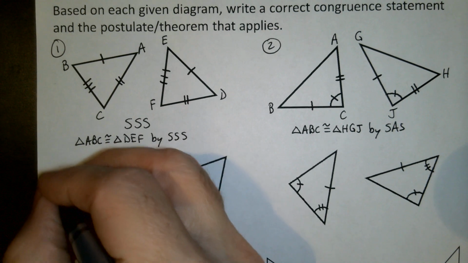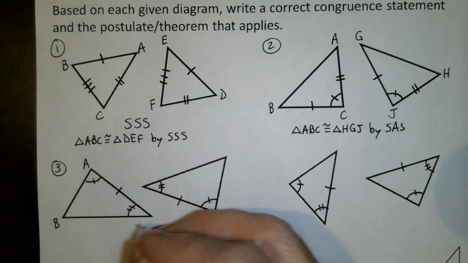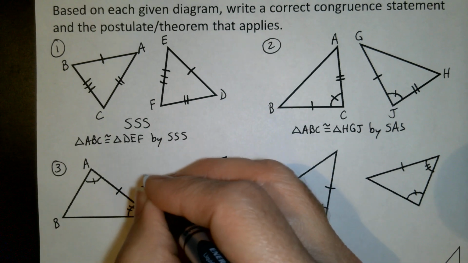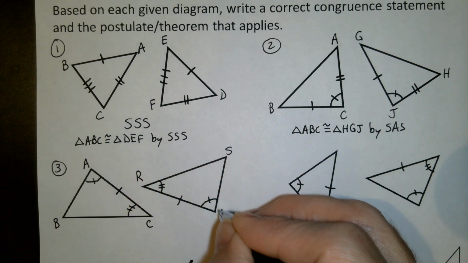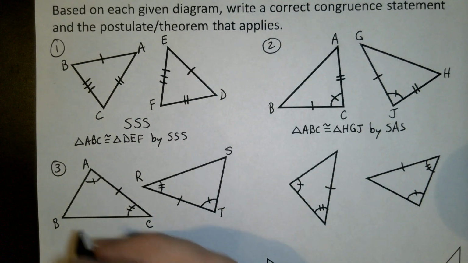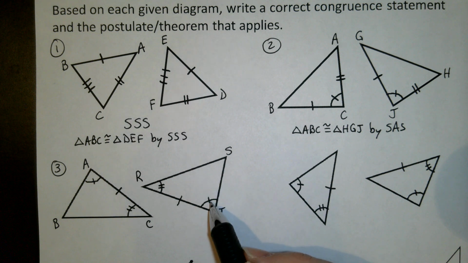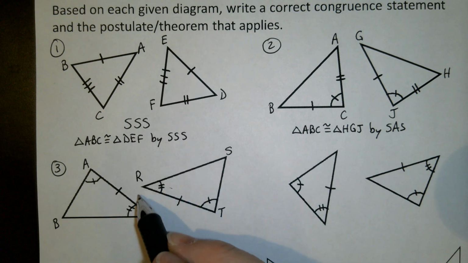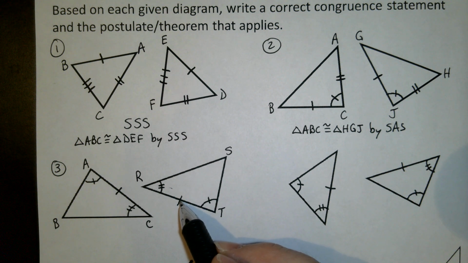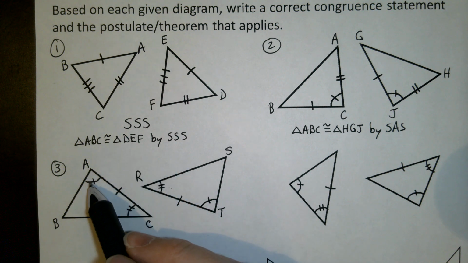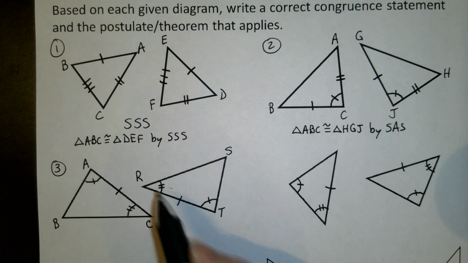Our third example, and I'll put some names here again. We have 2 angles that match these 2 angles, and we also have the side in between them that's included, that has the same marking. So it's angle, side, angle, angle, side, angle.